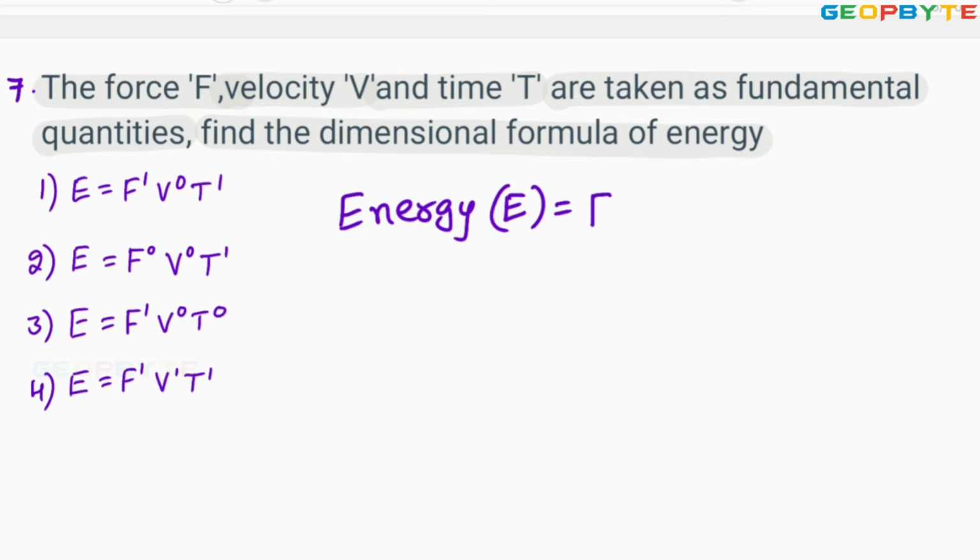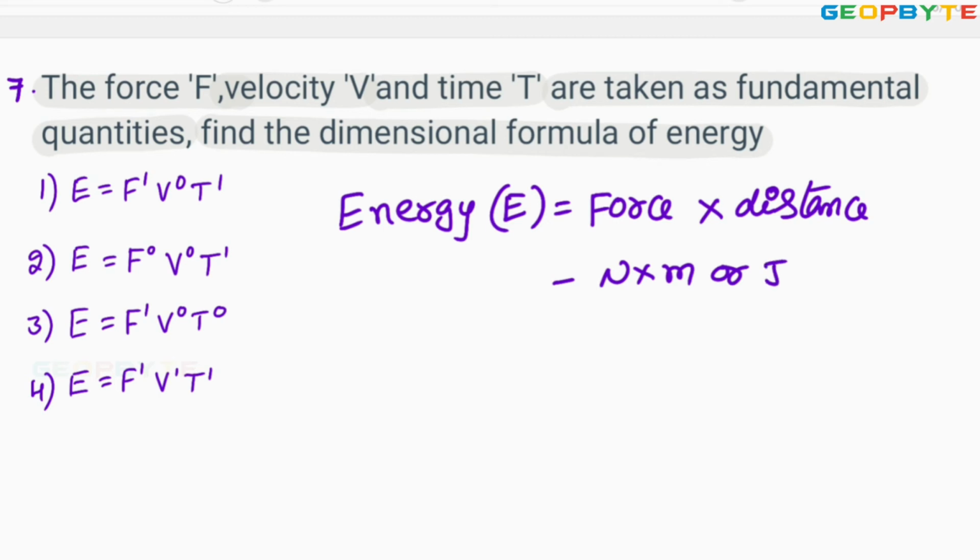Joule I can write like this: force multiplied by distance. This is the basic definition for work. Work also comes under a kind of energy. Anyhow, force is in Newton, distance is in meter. Therefore, unit of energy is joule.